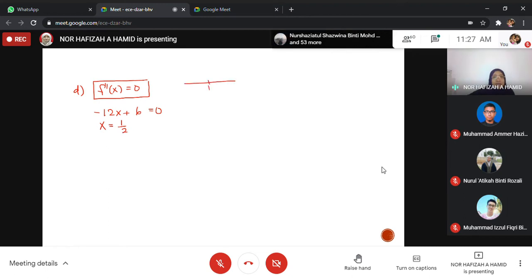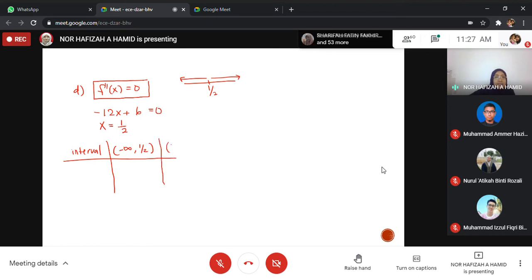Sama juga you kena form interval dulu. First you choose yang less than 1/2, dan the one yang greater than 1/2. So ni interval for concavity: negative infinity to 1/2.